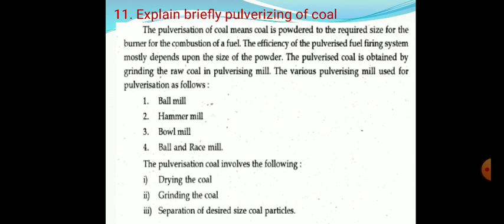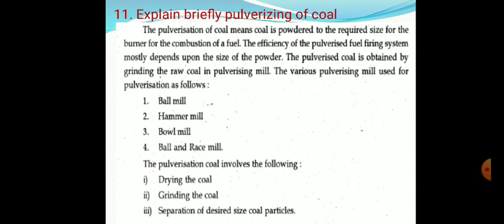Next question is, explain briefly pulverizing of coal. The pulverization of coal means coal is powdered to the required size for the burner for the combustion of fuel. The efficiency of the pulverized fuel firing system mostly depends upon the size of the powder. The pulverized coal is obtained by grinding the raw coal in a pulverizing mill.